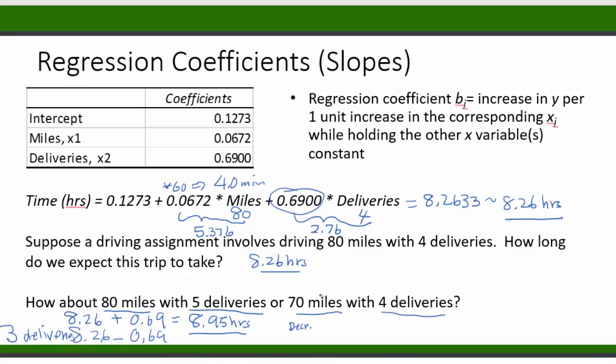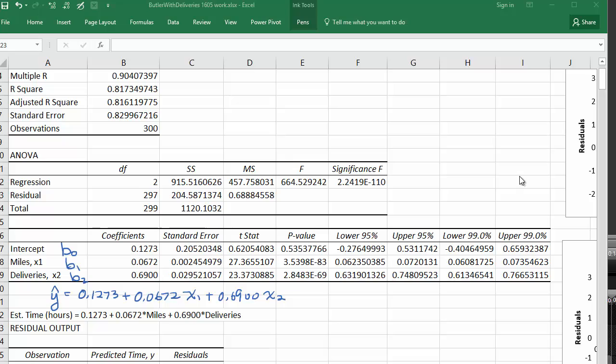So if you travel 10 fewer miles than before, then the number of hours should decrease by 10 times 0.0672 hours, which is 0.672. So it will be 8.26 hours minus 0.672, which is 7.59 hours.